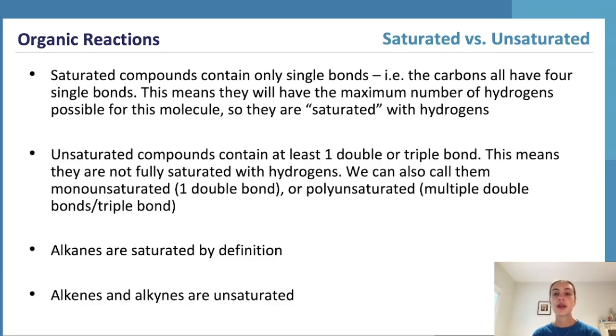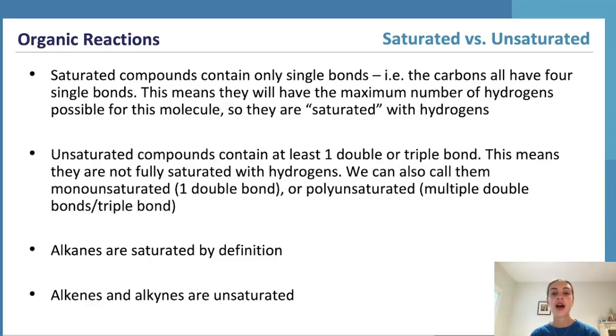So before we look at the organic reactions though, we need to have an understanding of saturated and unsaturated compounds. Saturated compounds are going to be compounds that contain only single bonds. So this basically means that all carbons have 4 single bonds. The maximum number of hydrogens possible for the molecule are possible due to there being only single bonds.